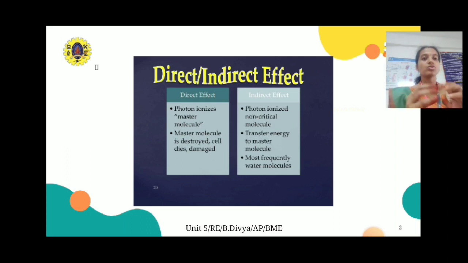In the direct effect, the master molecule is destroyed, the cell dies and is damaged. In the indirect effect, energy is transferred to other molecules, most frequently water molecules, which are destroyed, whereas in the direct effect the cell damage occurs directly.